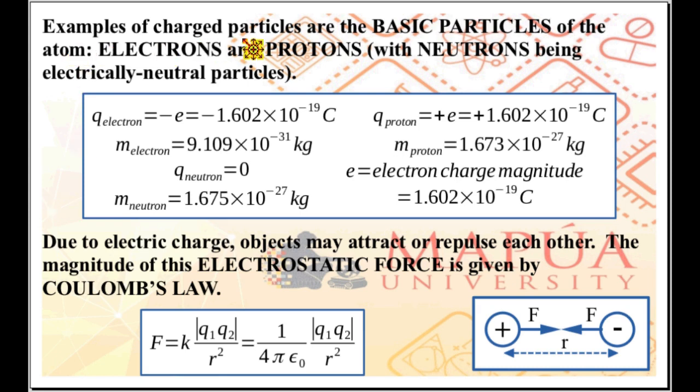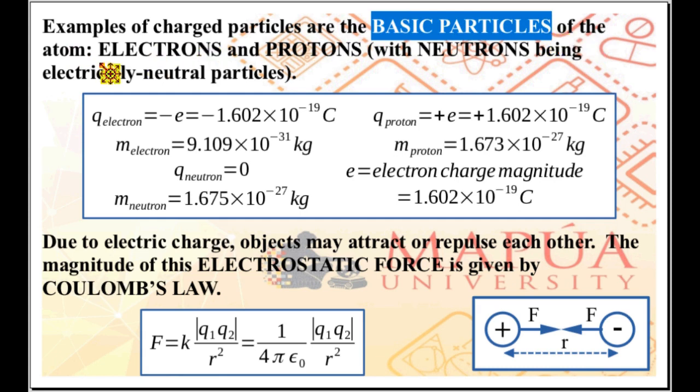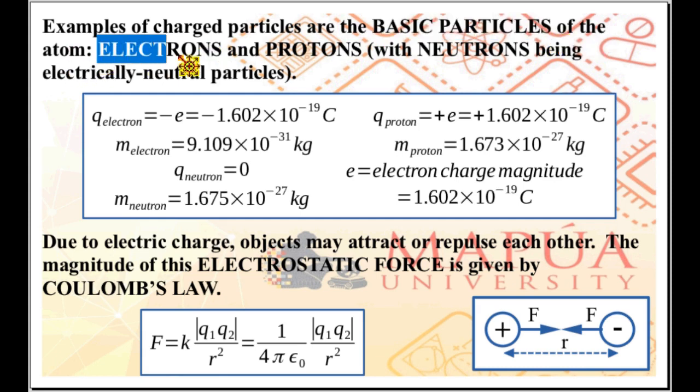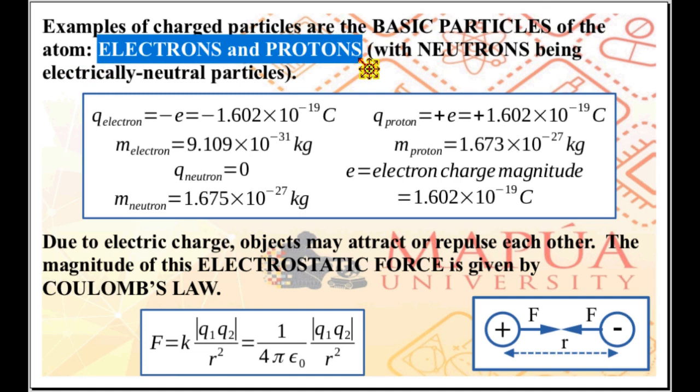Examples of charged particles are the basic particles that make up the atom. You have electrons and protons, with neutrons being electrically neutral particles. The electron charge, Q electron, is equal to negative e, where e is the electron charge magnitude, 1.602 times 10 to the negative 19 Coulomb.